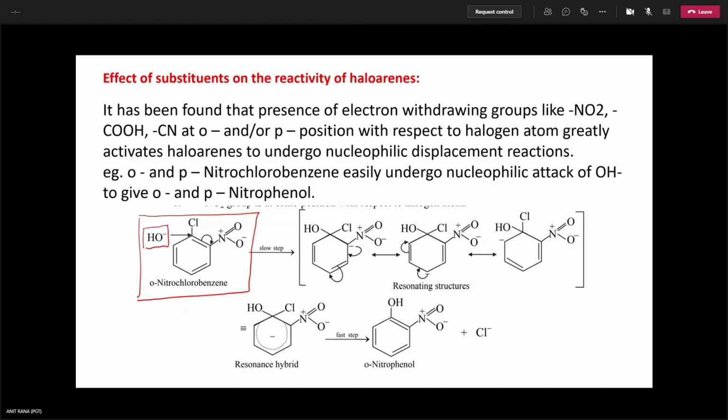So whenever the nucleophile comes and attacks the carbon, both the electrons will shift to this carbon, leading to the formation of a negative charge.